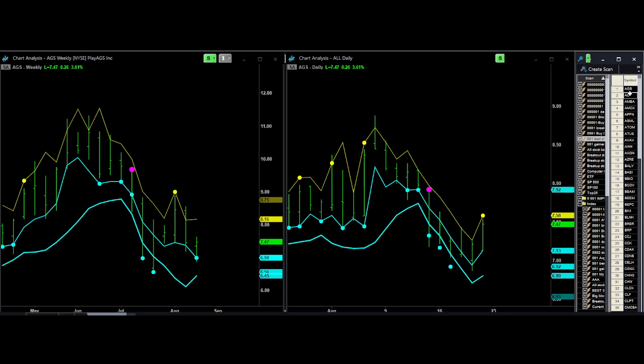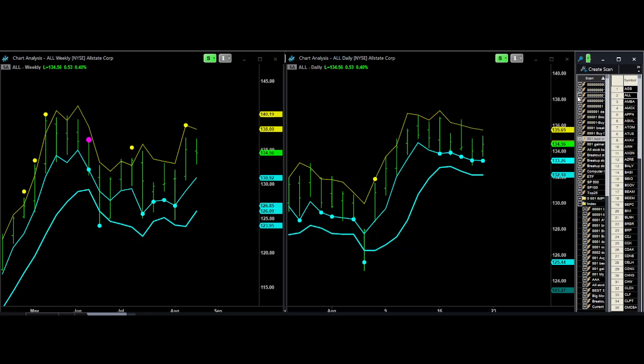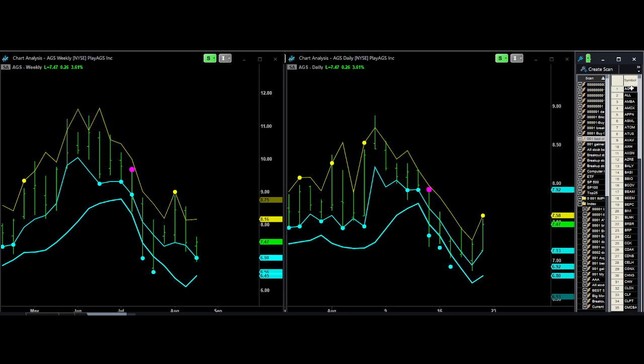For example, if I update it to another one, ALL, right now this price is over $100. It's $134. Right now this closing price is between this predicted trend line. So I will not select this as a candidate to purchase.